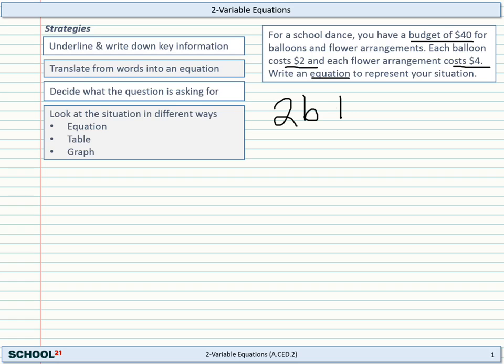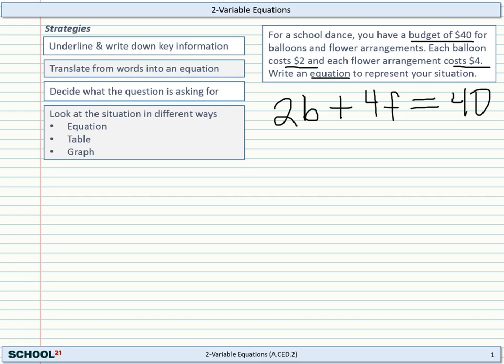So if I add how much we're going to spend on flowers, that would be 4, and let's use F. So we've taken $2 for each balloon, so 2 times the number of balloons, plus $4 for each flower arrangement times the number of flower arrangements. This is the total amount that you're going to spend. And we know that has to be less than your budget of $40. So we can say that it equals $40 if you spend everything that you've got.